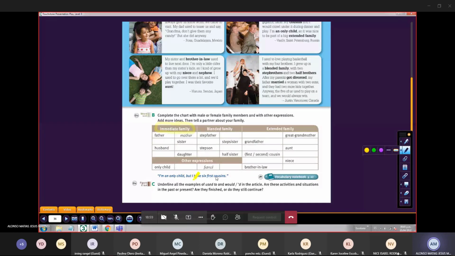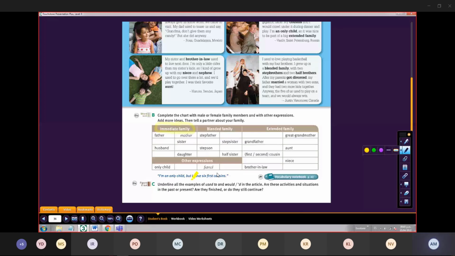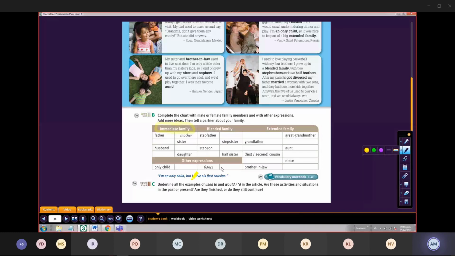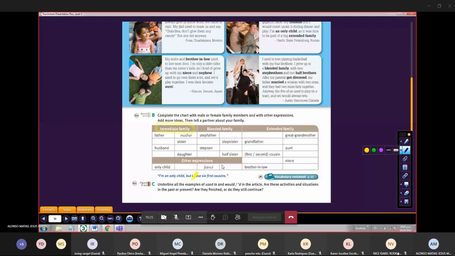Figure it out. C. Underline all the examples of used to and would in the article. Are these activities and situations in the past or present? Are they finished or do they still continue? Okay, I'm going to repeat the activity.